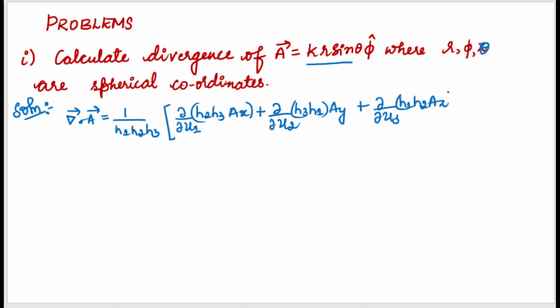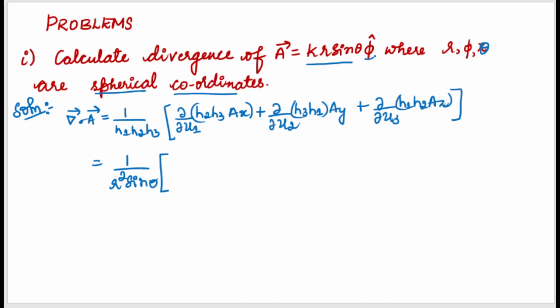So this is the general formula for the divergence. Now, instead of h1, h2, h3, they have clearly mentioned spherical coordinates. For spherical coordinates, h1, h2, h3 is 1, r, r sine theta, so the prefactor is 1 divided by r square sine theta.